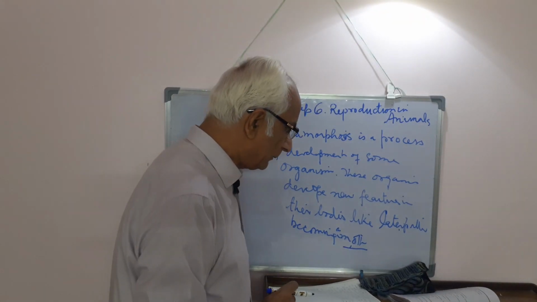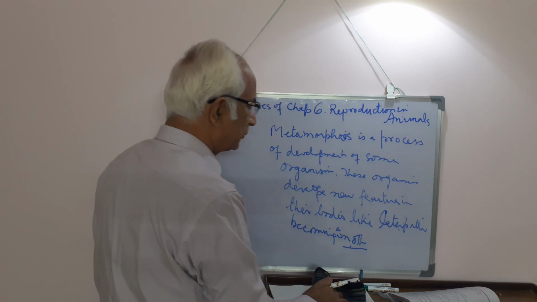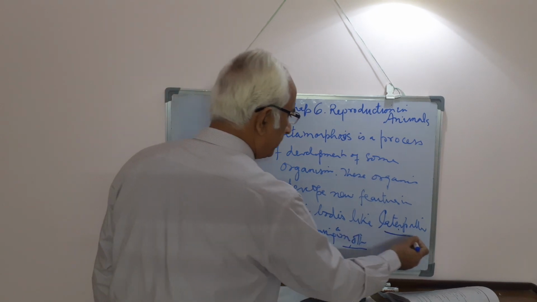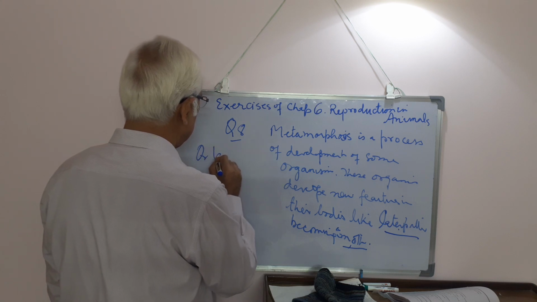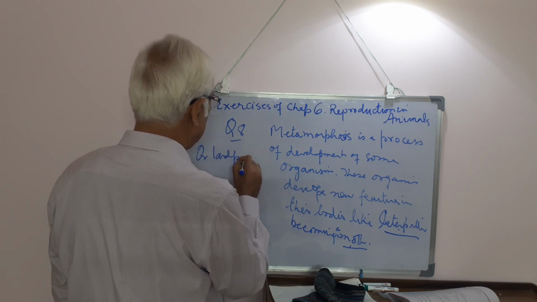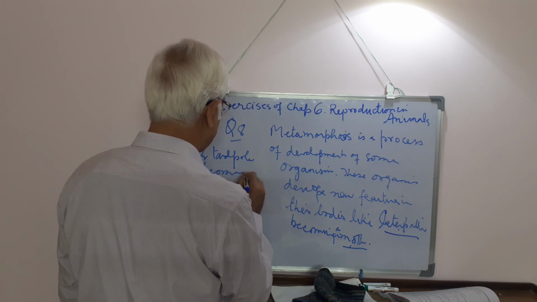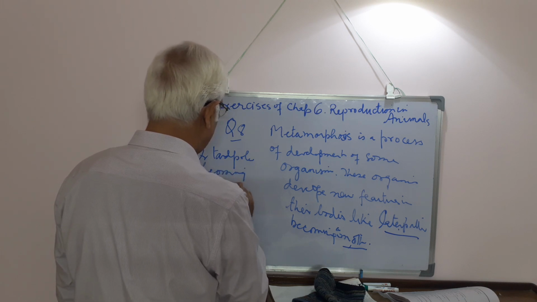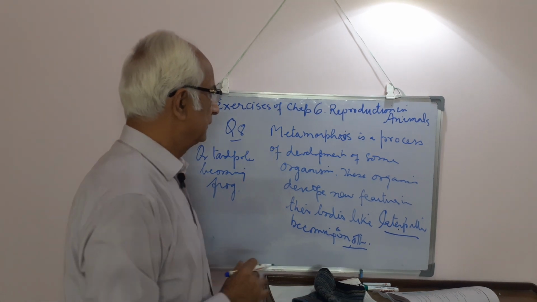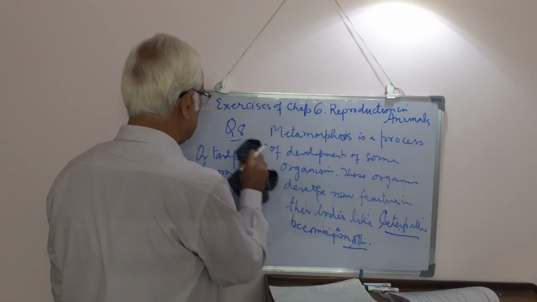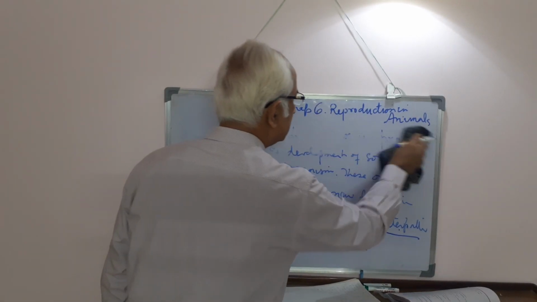So this is called metamorphosis. Examples are caterpillar becoming a moth or a tadpole becoming a frog. Tadpole has a tail, frog does not have a tail. So that is question number 8.